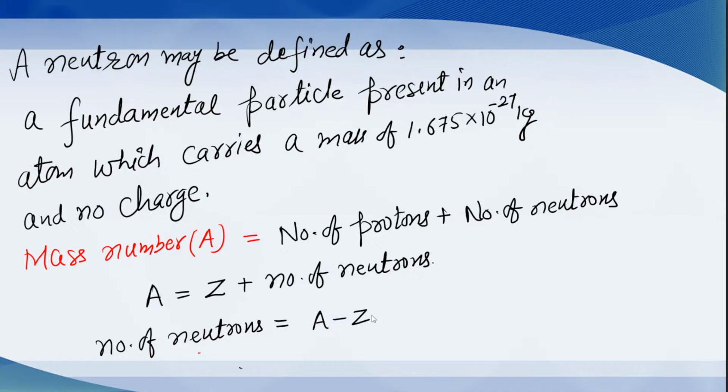And you know, the mass number of an element is nearly the same as its atomic mass. But what is the basic difference between mass number and atomic mass?